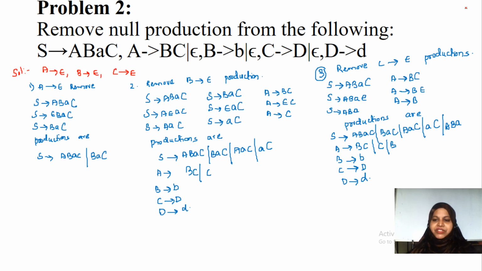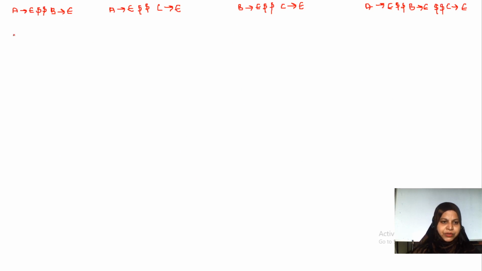See here, after completion of this one, my productions are S tends to ABAC, right? I'm going to write this one here.